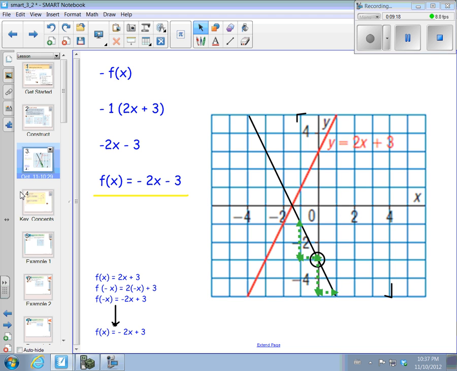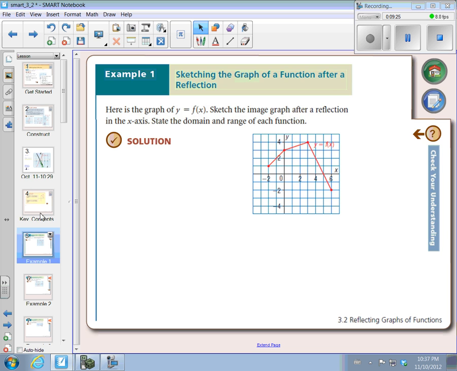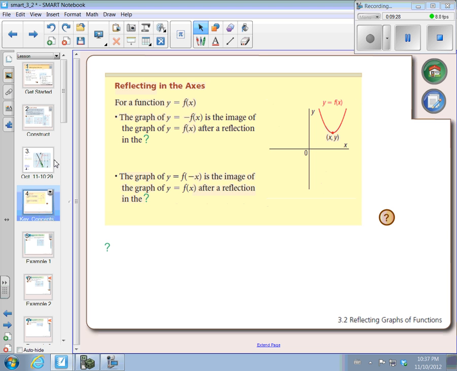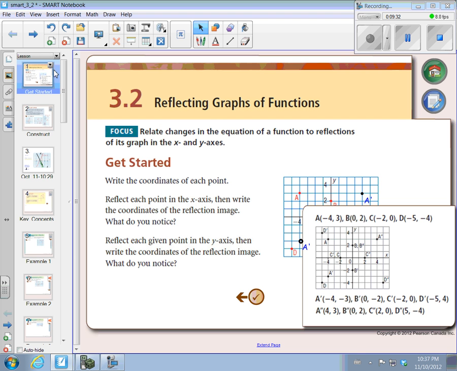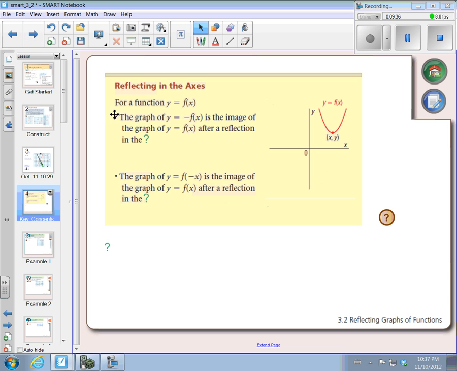Go to the next page. The next page deals with this reflection rule, I believe. Let me just double check to make sure that's the right page. Okay, yes it is. So in conclusion, we could say that for a function f of x, the graph of y equals negative f of x is the image of the graph of f of x after a reflection in the x-axis.